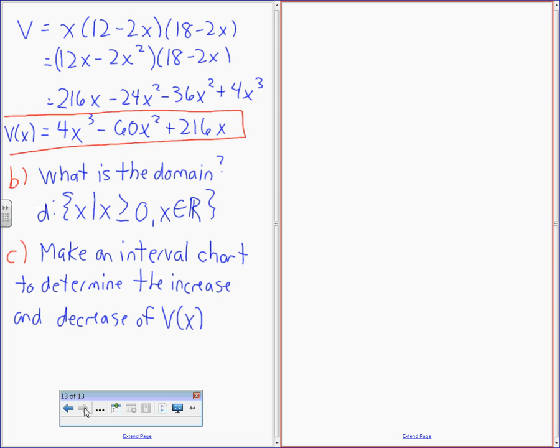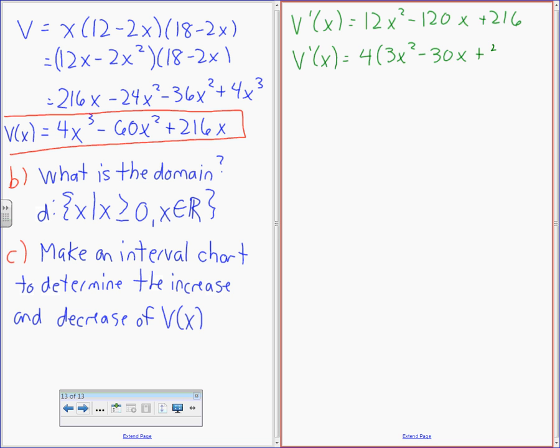Okay, so I'm going to do this in green. I'm going to start with v prime of x should equal 12x squared minus 120x plus 216. I think you can factor out a 4 there. Oh, I can take out another 3.